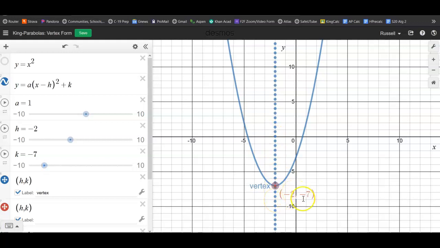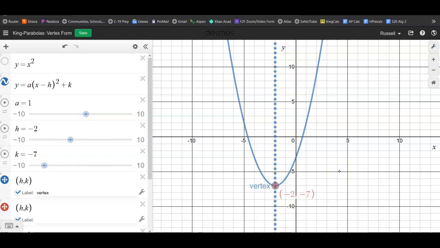Those are two translations, a horizontal translation to the left by 2, and a vertical translation down by 7. A shift left by 2, a shift down by 7. My students can always say that in a class in normal non-COVID times. Now, a is still 1, isn't it?